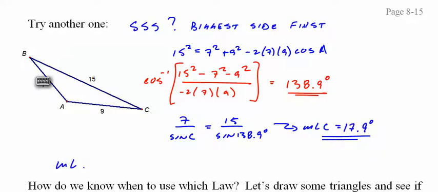Measure of angle B equals 180 minus 17.9 degrees minus 138.9 degrees equals 23.2 degrees.